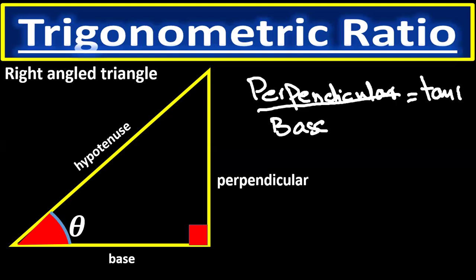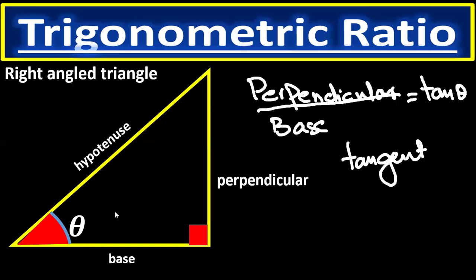So remember, these are the ratios. We use the abbreviation tangent theta. The tangent is the ratio of perpendicular over base. So always remember, tangent theta is the ratio of perpendicular over base.